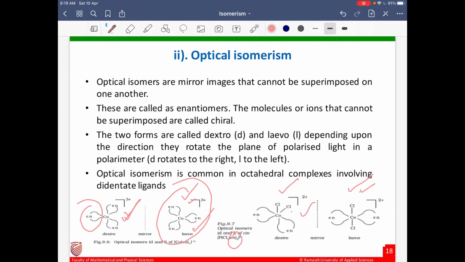Then if you perform an experiment with the polarimeter, we will be able to find which direction these compounds shift the light. So this compound will shift the direction of the light to dextro. This observation we can find only after performing the experiment. And this isomer will rotate the light to the left direction, that's why we call it levo.